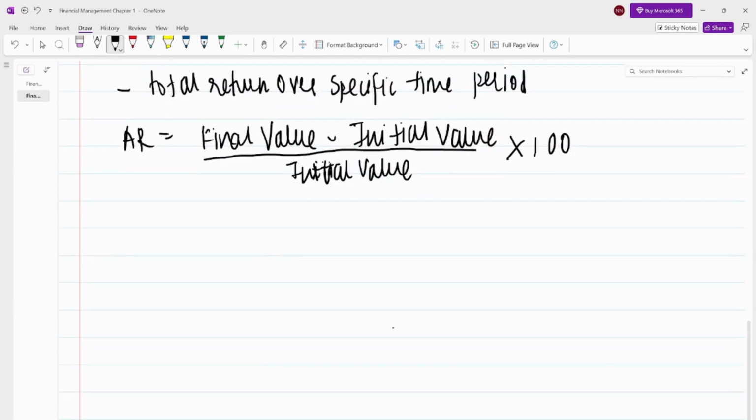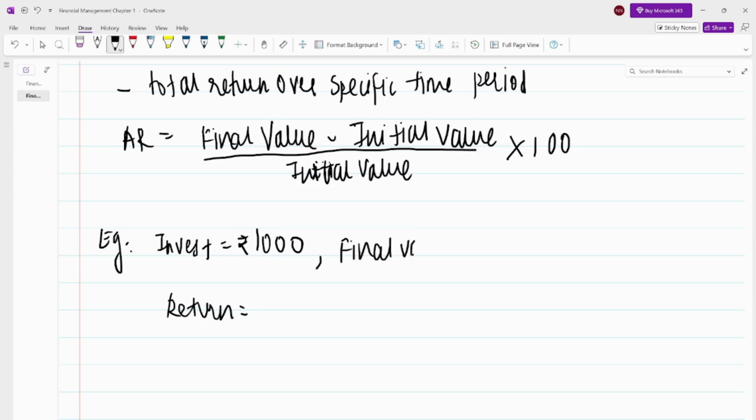So it will be much clearer if we take an example. For example, if you invest rupees 1000 and you get rupees 1200, the return is calculated like this. So final value is 1200.